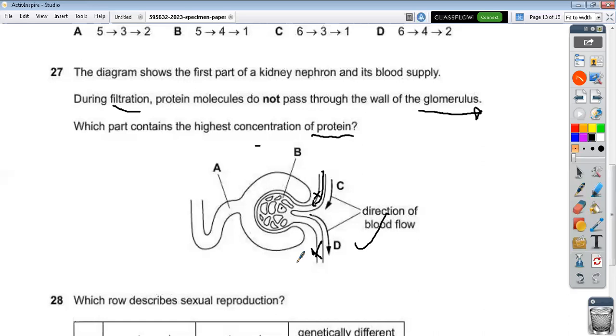Reabsorption involves absorption of molecules, ions and water that are necessary for the body to maintain homeostasis. All together, that's what we call reabsorption. Clear? Makes sense? Yes.